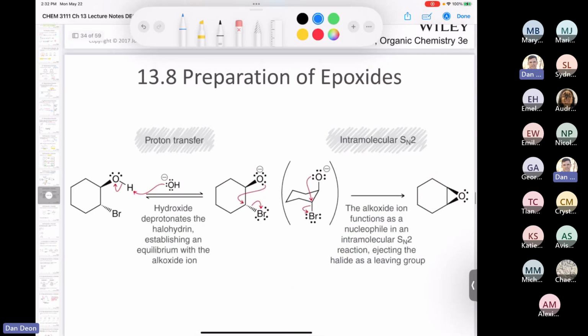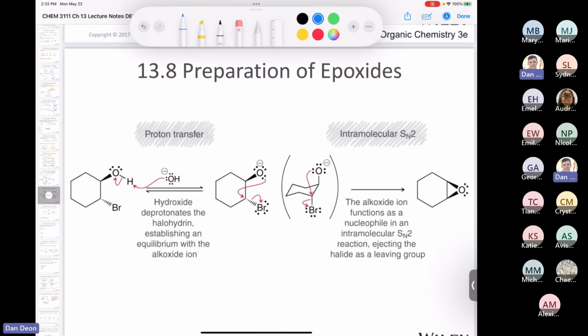And the mechanism is shown here. I just wanted to draw it for you kind of slowly. So remember that these groups, the alkoxide and the halogen, have to be anti-periplanar or it can't happen. It's not going to happen unless they're on opposite faces of the molecule. So you could say they must be trans in order for the reaction to occur.